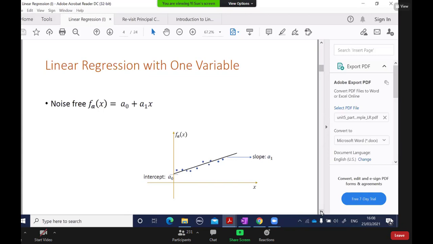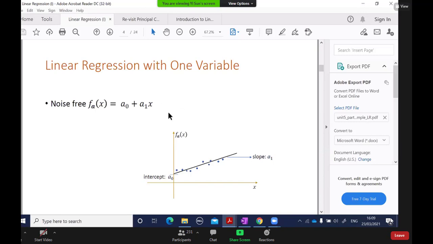Now, linear regression with one variable. In this session, we focus on linear regression with one variable first and without noise, so this is called noise-free. In Unit 8, after you learn a little more about probability and statistics, we will add one more term here.